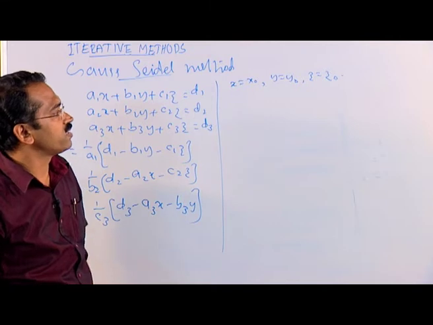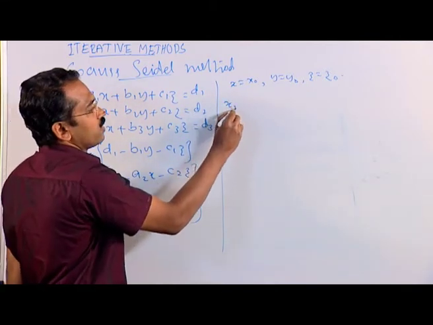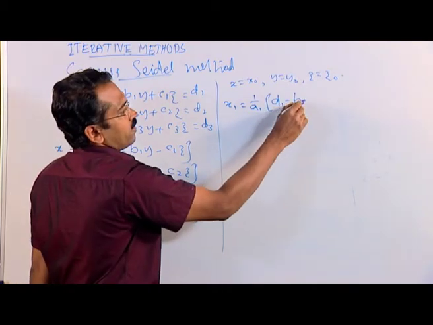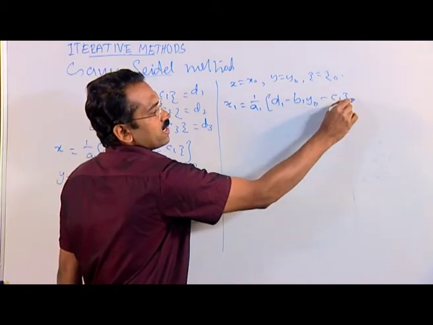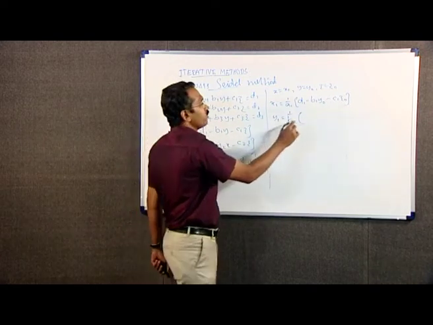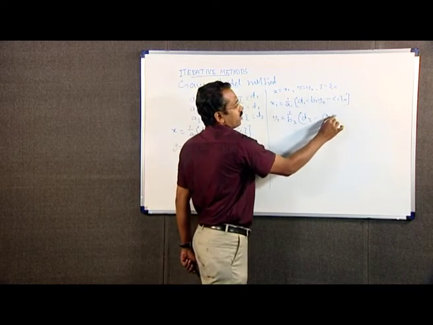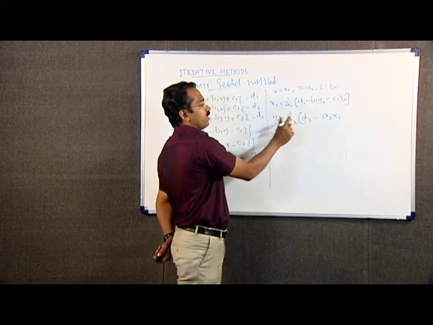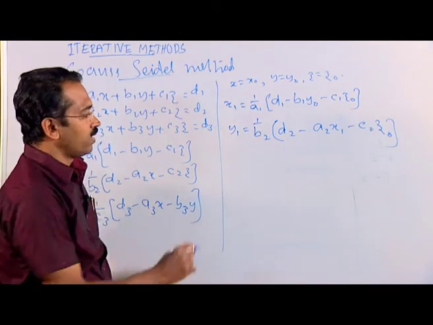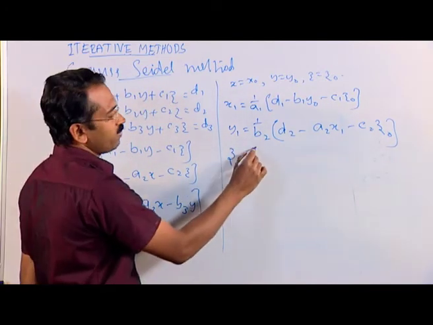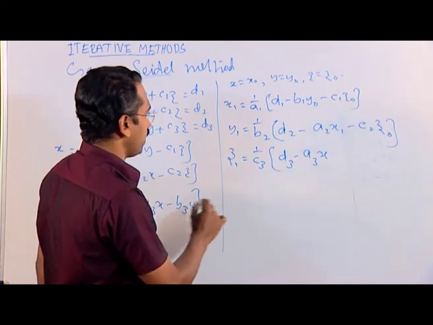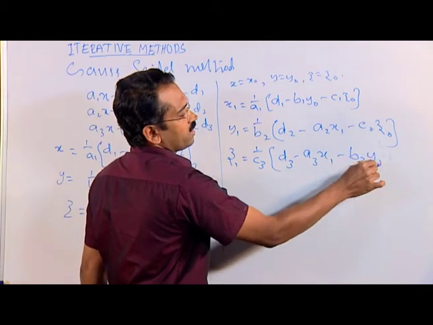Then, we will get the first approximations as x1 is equal to 1 by a1 into d1 minus b1 y naught minus c1 z naught. y1 is equal to 1 by b2 into d2 minus a2 x1, we will take the new value of x1 in this step, minus c2 z naught, and z1 is equal to 1 by c3 into d3 minus a3 x1 minus b3 y1.